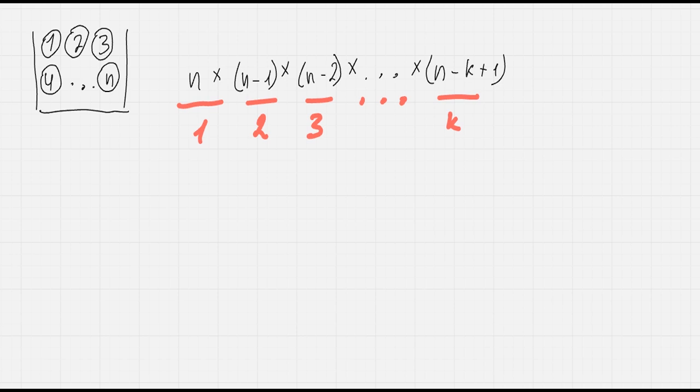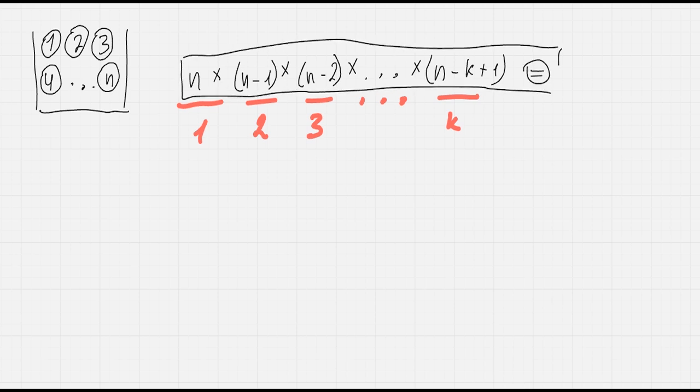We can leave it in this form, but it seems too cumbersome, doesn't it? Let's try to find a way to write this expression more compactly. Note that the factorial of n is equal to n times the factorial of n-1, that is n times n-1 times the factorial of n-2 and so on.